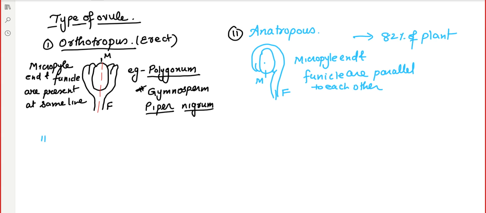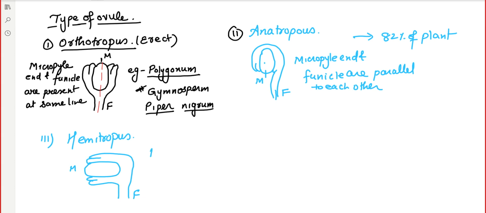Next is called hemitropous type. Now what is hemitropous? If you observe this kind of ovule, this is the nucellus, this is the integument, and this is the funicle. So this is funicle, this is micropyle end.